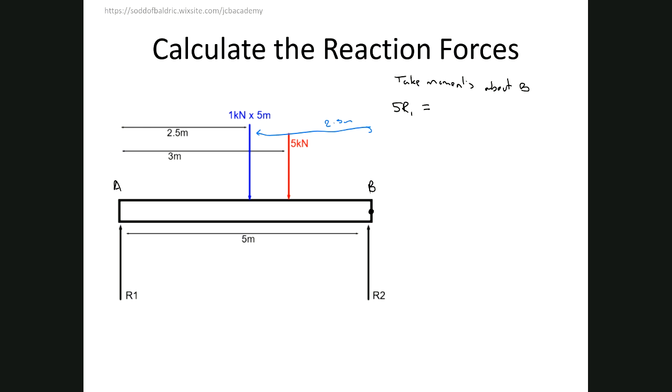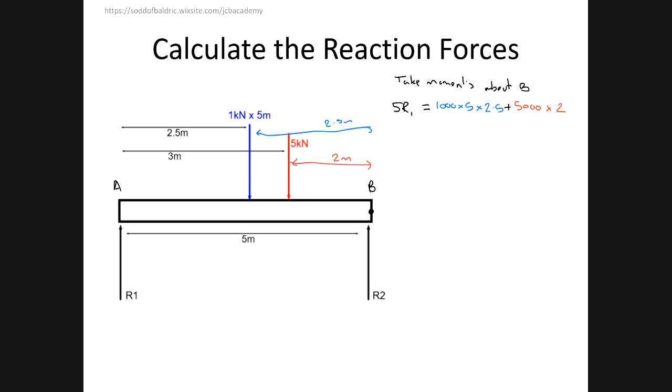So we get 1000 times the 5 meters it's distributed along times the 2.5 meters it is away from point B. And added to that, also in the anti-clockwise direction, we have our red force, and our red force is 5 kilonewtons, and it's 3 meters from point A, so the distance from point B is 2 meters. So 5,000 times 2.